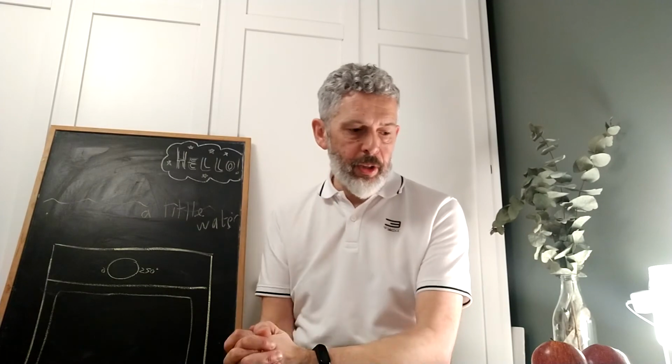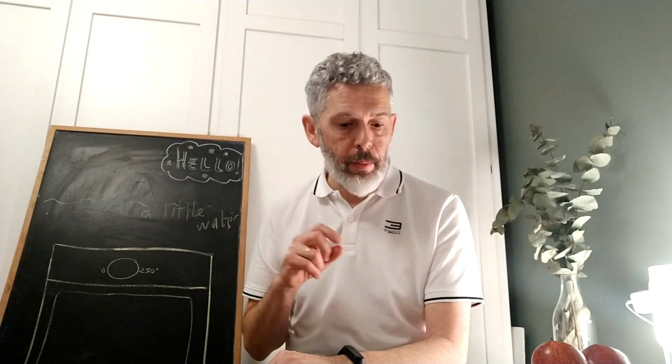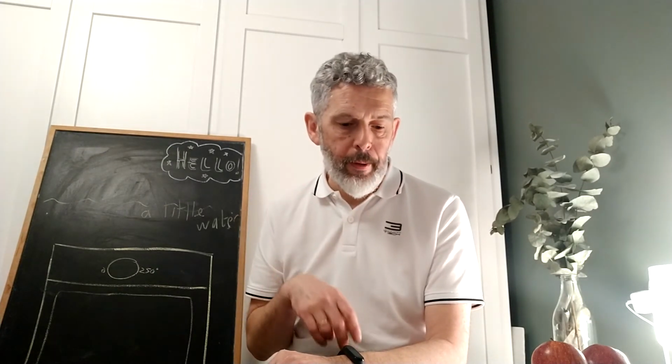Okay, we're back. So let's check our answers. Oranges, countable, plural. That's right, a few oranges. Butter, a little butter. Sugar, a little sugar. Tomatoes, plural. A few tomatoes. Remember, a few with plurals, countables.